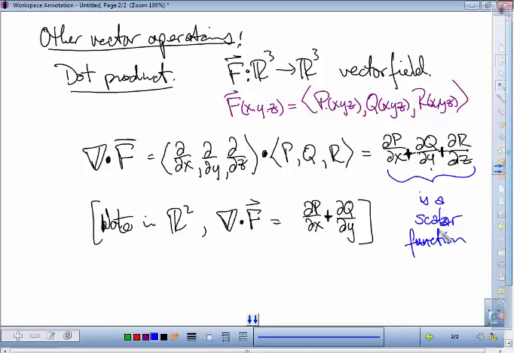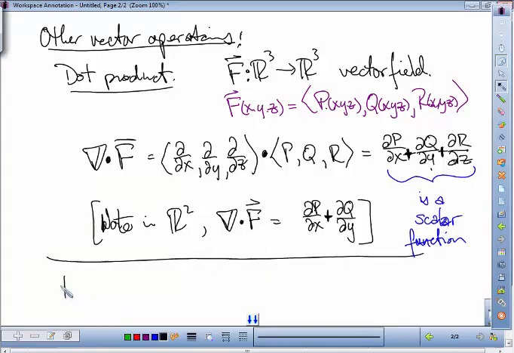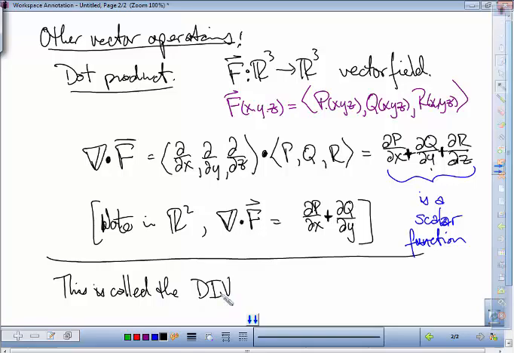So the formal definition of this is called a div, or divergence.